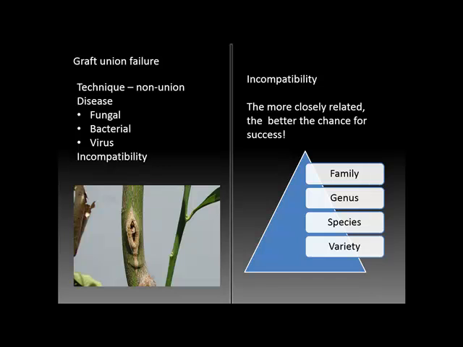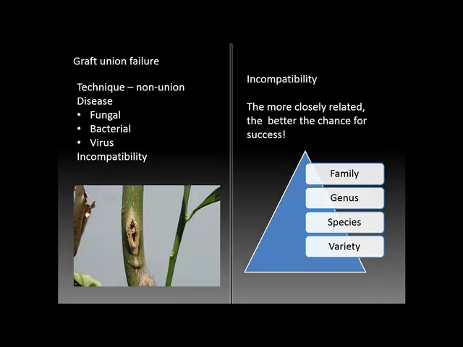Disease can affect the plant prior to the union of the scion and rootstock, and those diseases can be fungal, bacterial, or viral. Or the tissues can simply be incompatible.